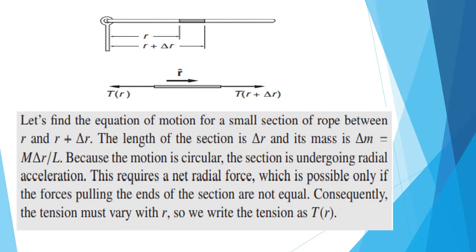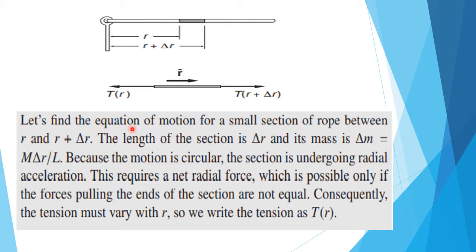So this is our rope. This is our fixed point. We take a small section at a distance r and r plus delta r. So delta r is the length of this small section.